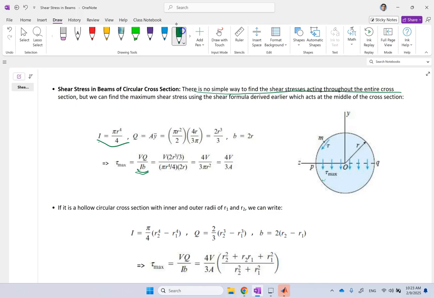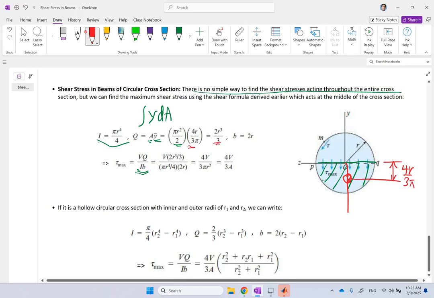Remember, this Q is integral of y dA, and that is equal to y bar of that surface times A of that surface. So if I consider half of this, the area of it is, of course, pi r squared over 2. And remember, the centroid for a half circle is at a distance of 4r over 3 pi.